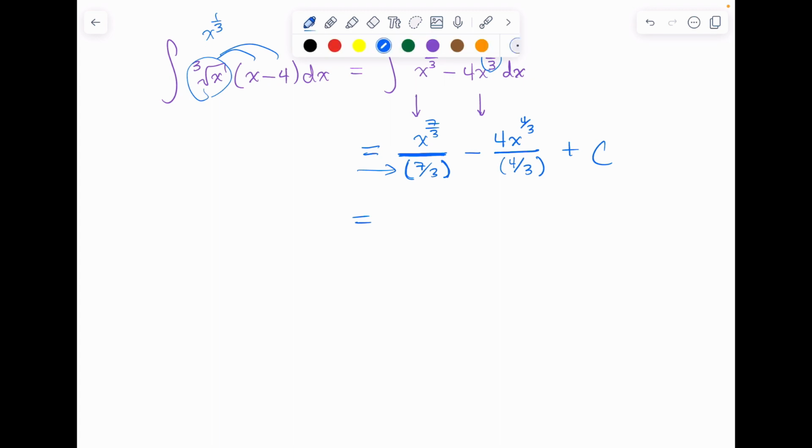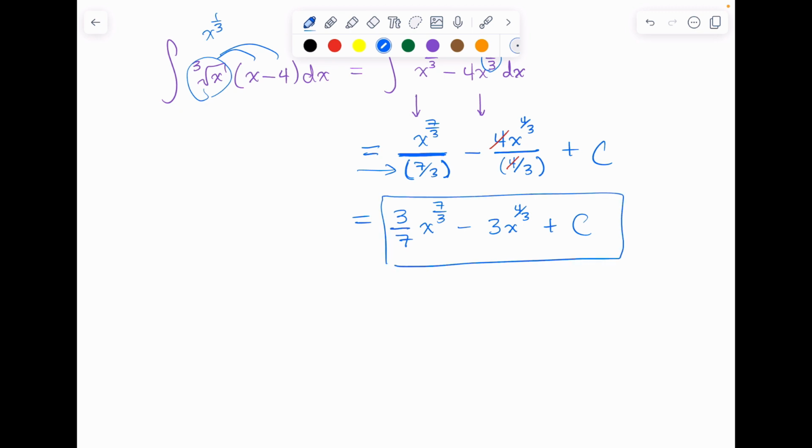Well, dividing by 7/3 is the same as multiplying by 3 over 7. And this is times x to the 7/3. In this case, 4 divided by 4/3, the 4's cancel, right? Now we're just dividing by 1/3. That's going to be minus 3 times x to the 4/3 plus c. All right.